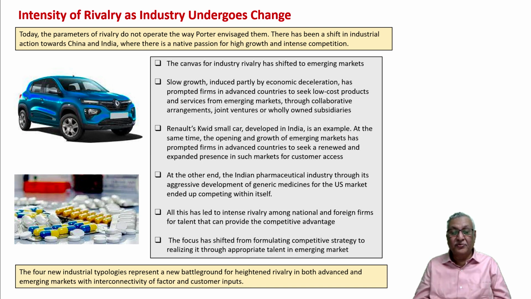The focus has shifted from formulating competitive strategy to realizing it through appropriate talent in the emerging market. So intensity of rivalry is proportionate to the intensity of change in technical and structural characteristics, which is also proportionate to the talent that is required to support the changes.